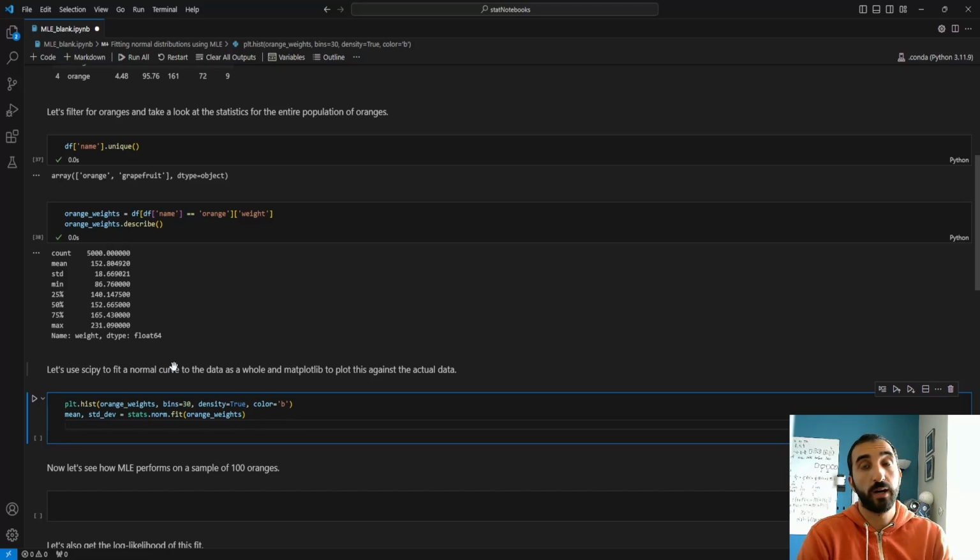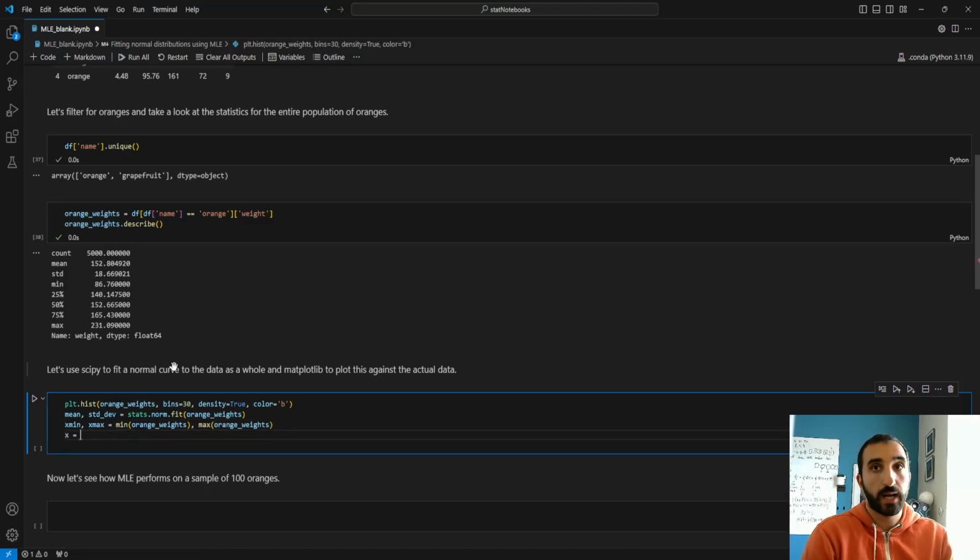So that's going to return two parameters, which are the mean and the standard deviation. All right, so now for plotting the curve, what we're going to do is set our left and right bounds and then take a bunch of slices in the middle in order to get an understanding of what this curve looks like. So the min value and the max value is going to be the minimum of the orange weights and the maximum of the orange weights.